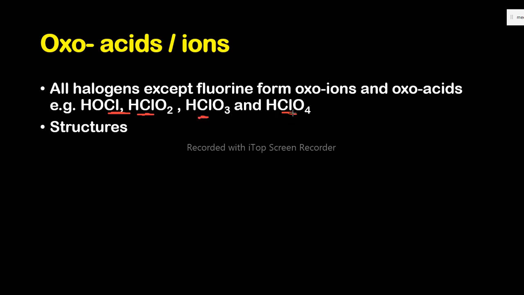Now in all of them, chlorine is the central atom. In this, the chlorine is in +1 oxidation state. In this, it is in +3 oxidation state. In this, +5. And in this, +7 oxidation state.